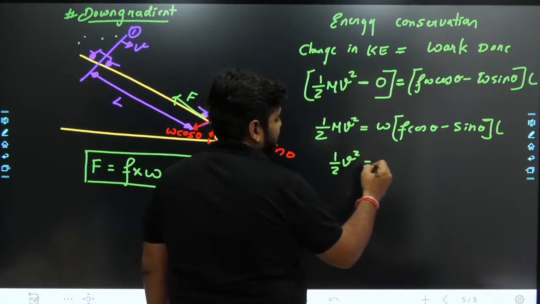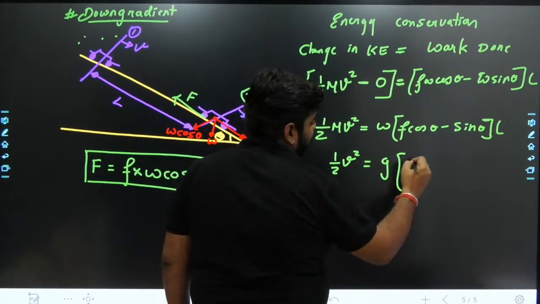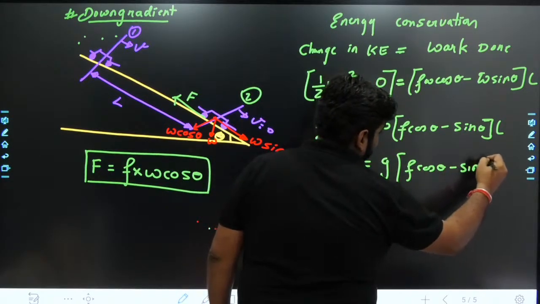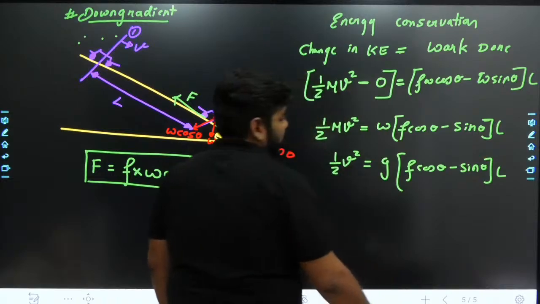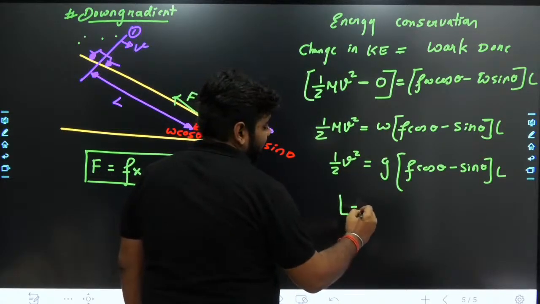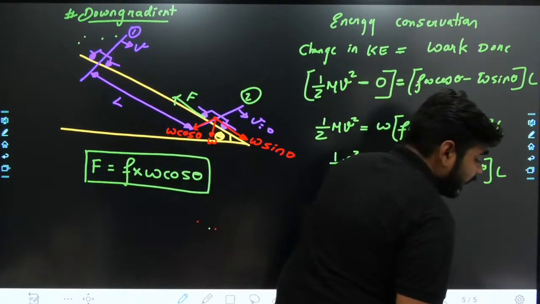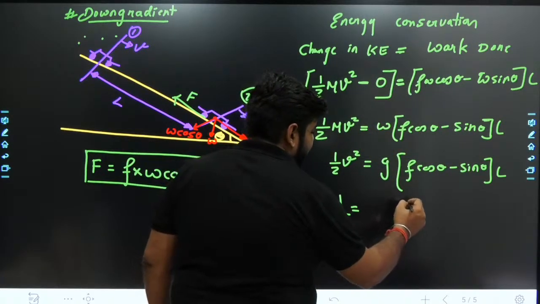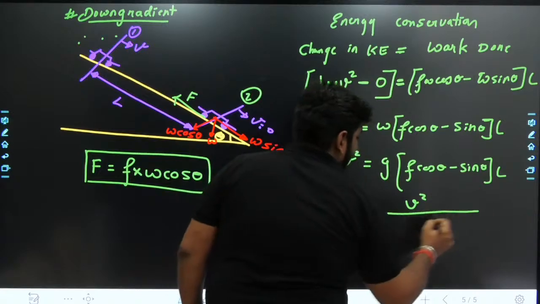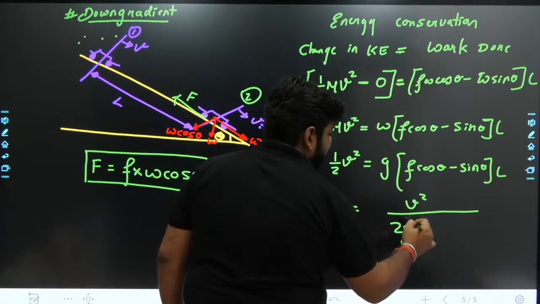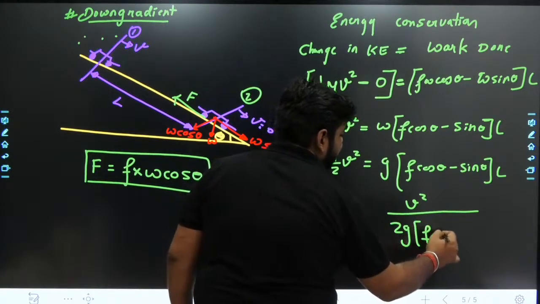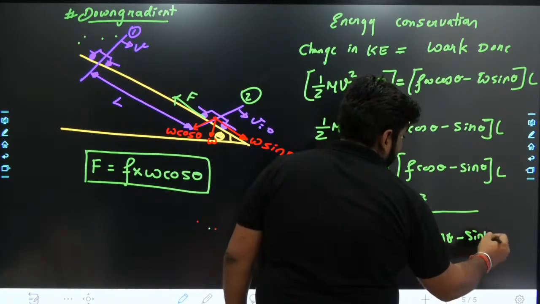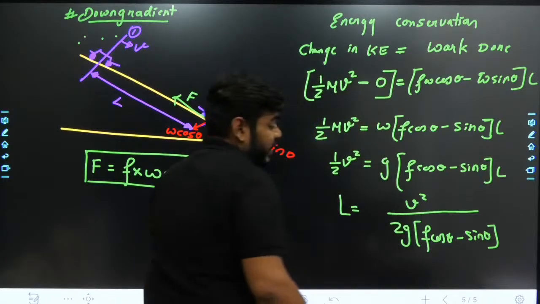So the equation becomes V square equals 2g times F cos theta minus sin theta multiplied by L. We need to calculate the value of L, so L equals V square divided by 2g (F cos theta minus sin theta).